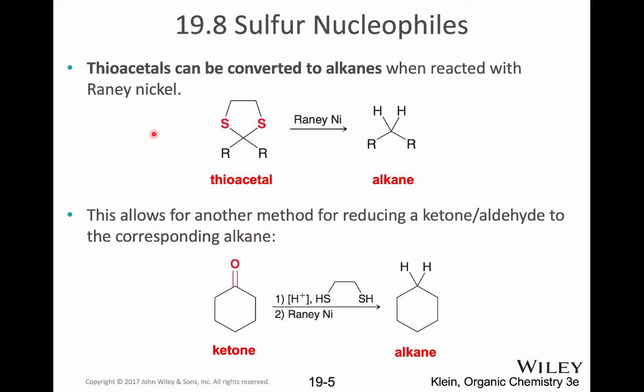So in this process, this basically gets rid of the thioacetal and replaces it with two hydrogens. So it's related to the hydrogenation reaction. This allows for a nice mild method of taking a ketone or an aldehyde and reducing it to the corresponding alkane. And we have another way we've gone over doing that, which is the Wolff-Kishner reduction.